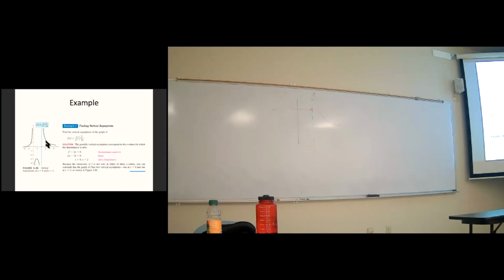One at 0, one at 2. As we approach 2 from the right, we go to infinity. As we approach 2 from the left, we go to negative infinity. As we approach 0 from the left, we go to infinity. As we approach 0 from the right, we go to negative infinity.